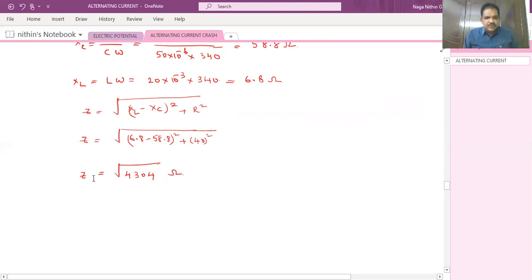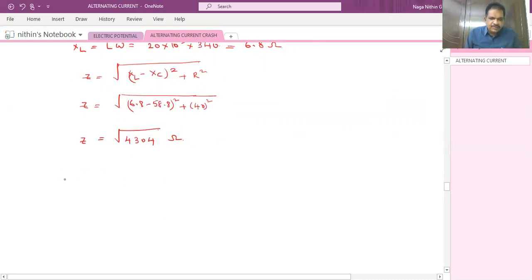Then power consumed, they are asking average. So P is equal to IRMS square into R. This is (VRMS by Z) whole square, into R. Then you substitute those values.